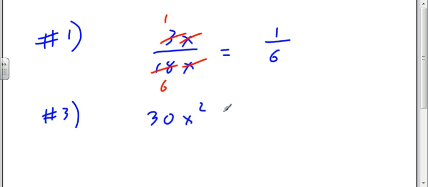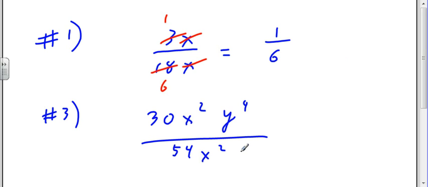30x squared y to the 4th over 54x squared y to the 5th.